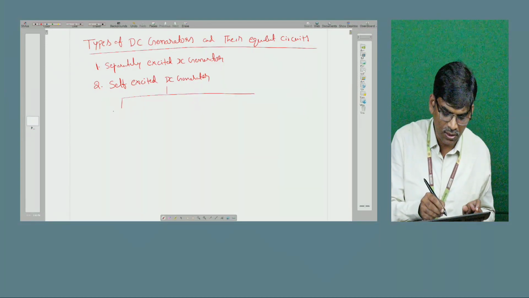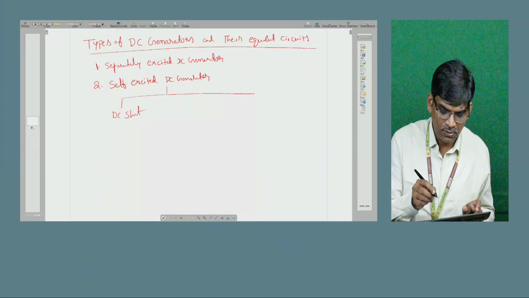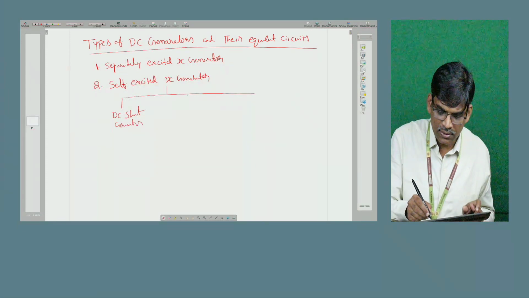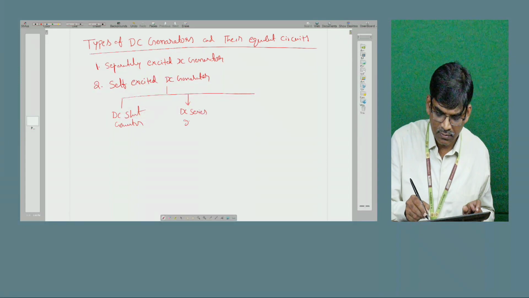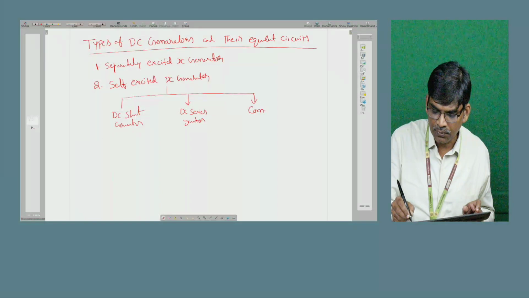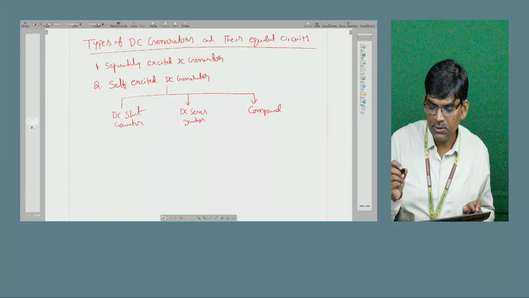One is the DC shunt generator, the second one is the series generator, and the third one is the DC compound generator.